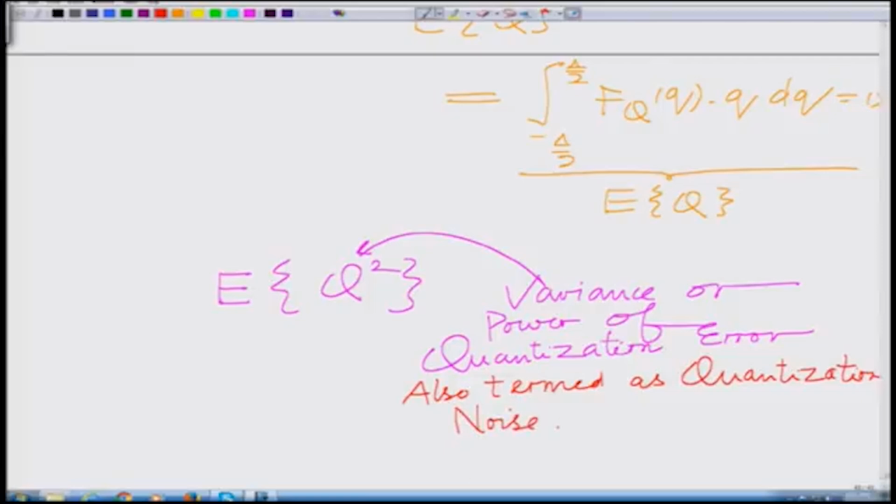The reason for this is that quantization causes an error which acts as a noise in the signal. So you have a signal and a quantized version of the signal, and the quantized version has an error that results in noise. So, that is quantization noise.